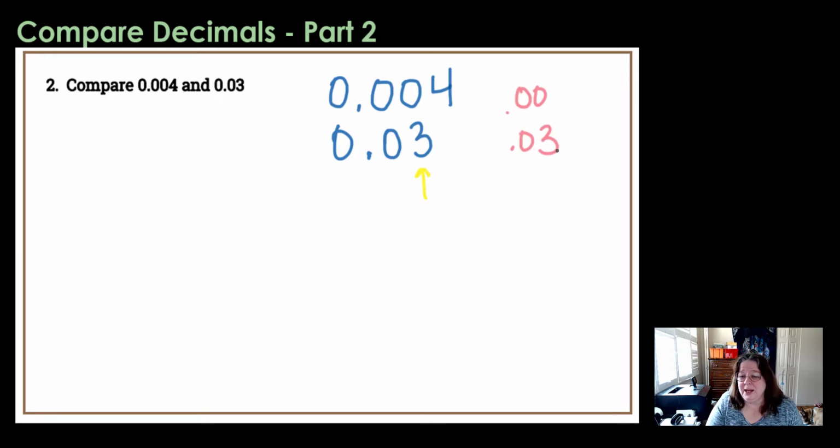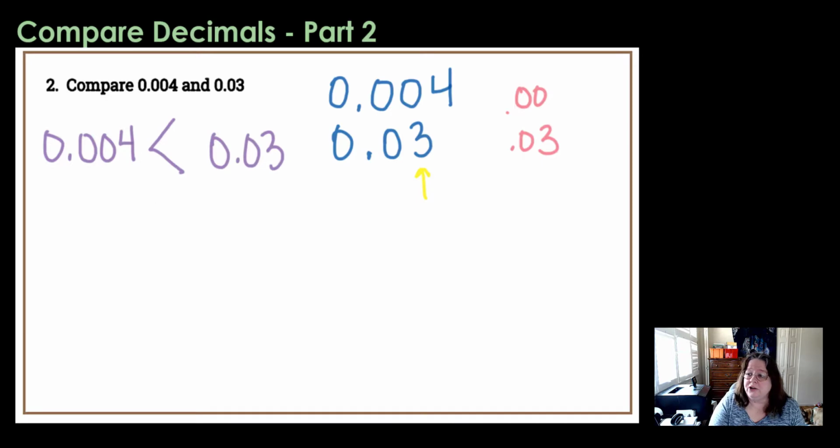Well, 3 pennies is definitely more than 0 pennies. So we know that even though 4 is bigger than 3, 4 thousandths is less than 3 hundredths.